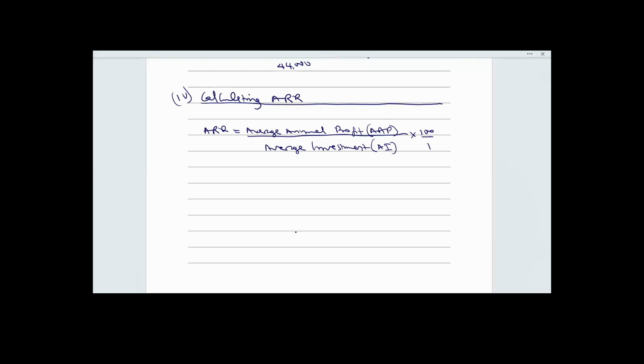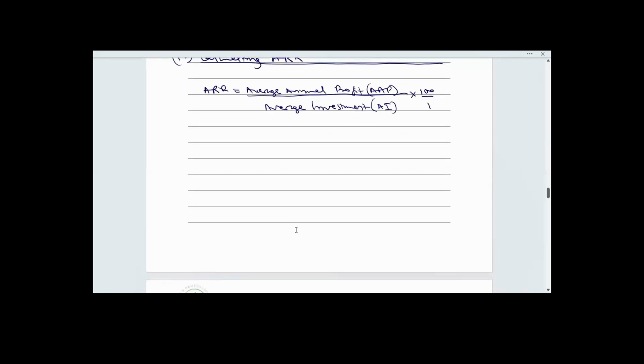So this is the formula for calculating accounting rate of return.